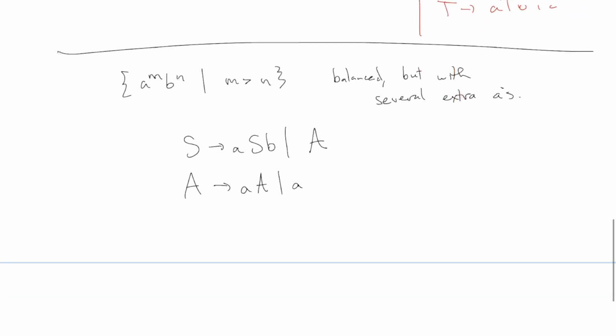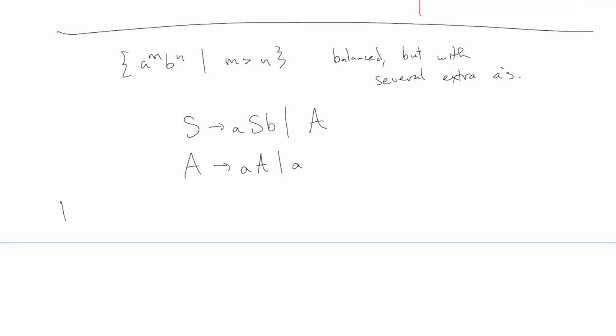So for example, if I want a derivation for, let's say, a to the 4 b squared, I think of this as being a squared b squared, but with two extra a's. So first I go, S goes to aSb, and then do that again, aaSbb. So there's my two a's and two b's, and now I want two more extra a's. So now I make the big S into this big A, and then I can do the bottom rule there to just create two more extra A's.